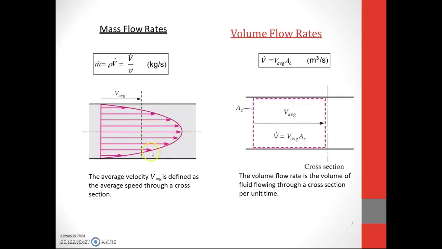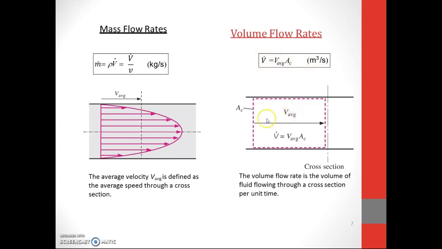It is hard to identify for individual particles, therefore we try to find the average velocity, just to estimate. The unit of average velocity is meter per second, and the cross sectional area is in meter square. Therefore we have volumetric flow rate.